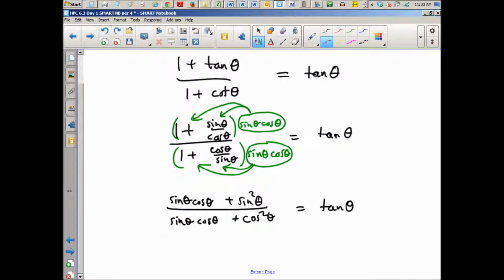What you can do is factor the top and bottom. The top does have a sine in each term. So let's pull that out. And the bottom has a cosine in each term. Let's pop that out.